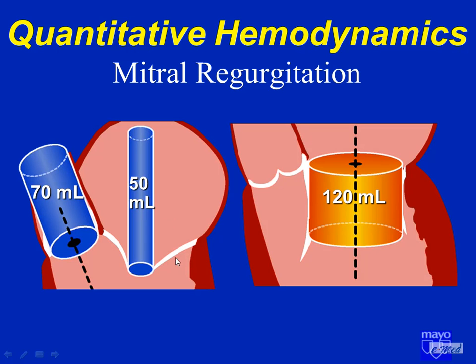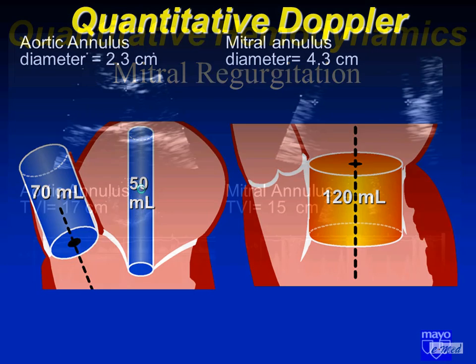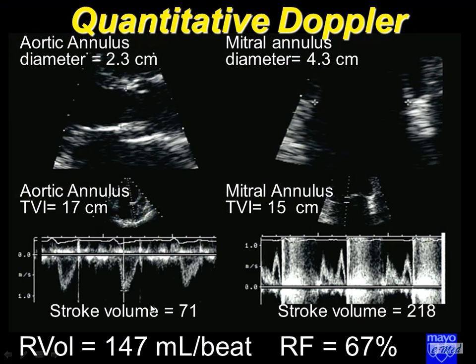The mitral stroke volume is bigger than the aortic, and the difference between the two is the regurgitant volume. So in theory, very easy. And here is an example of aortic stroke volume 71, mitral stroke volume 218, and the difference 147 is the regurgitant volume. Very big time MR, massive amount of mitral regurgitation.